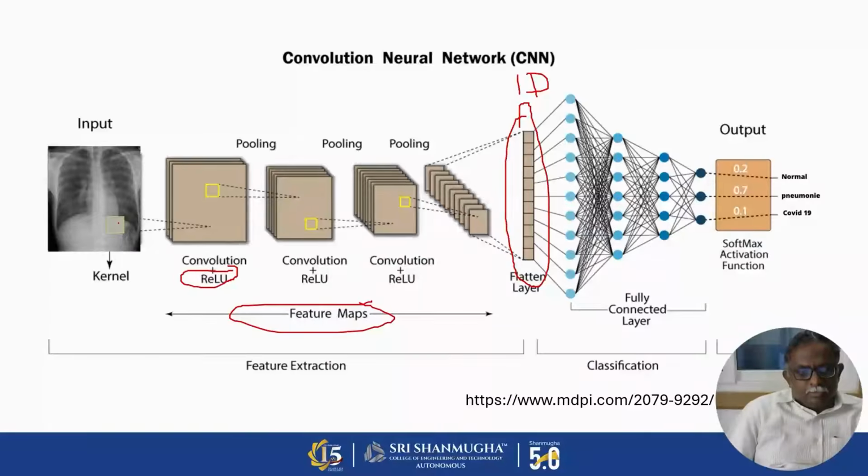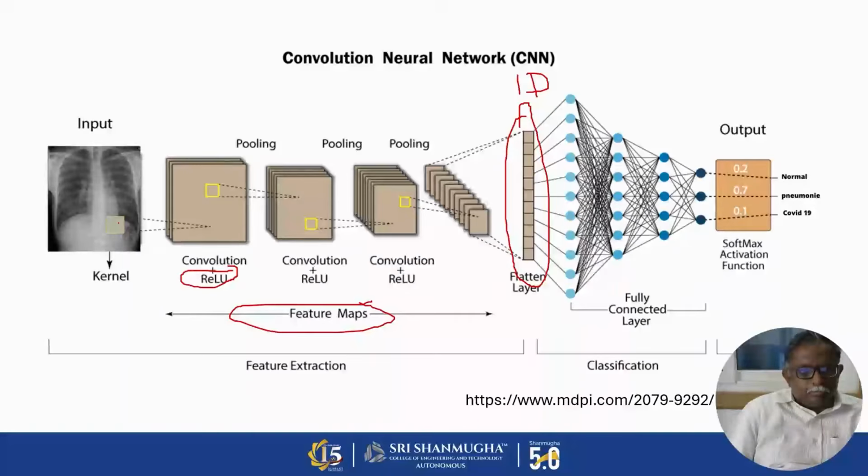For example, if there is any disease, or any mismatch or obstacle, we are able to see it. If it is a normal X-ray, then there is no problem and it will predict normal, or it will predict that the person has COVID, and so on.